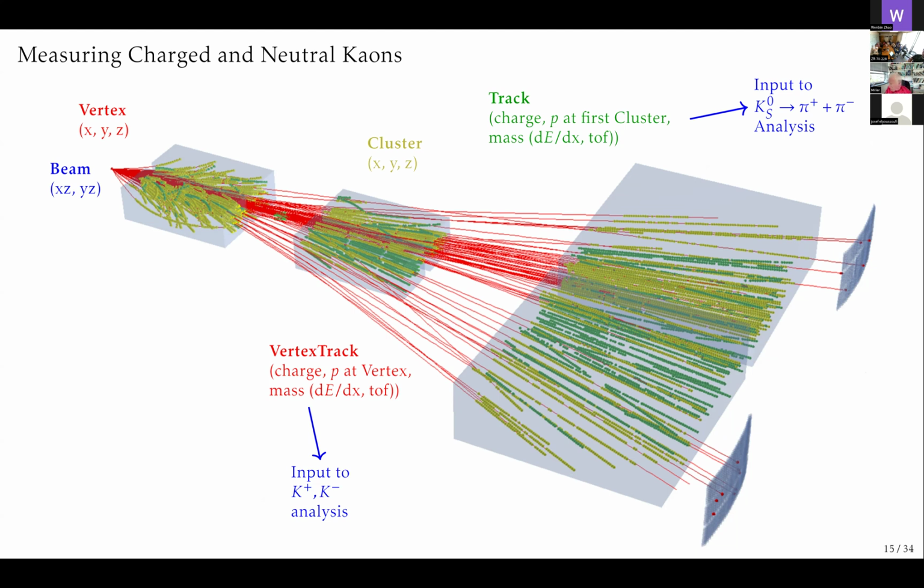So a vertex track is assigned to the primary vertex where it originates from. We assign a momentum at vertex. We can determine its mass via the dE/dx and TOF measurements, and this is the input for our charged kaon analysis. And for the K0 short, we are using the decays of K0 to a pair of charged pions, and this is a slightly different analysis.